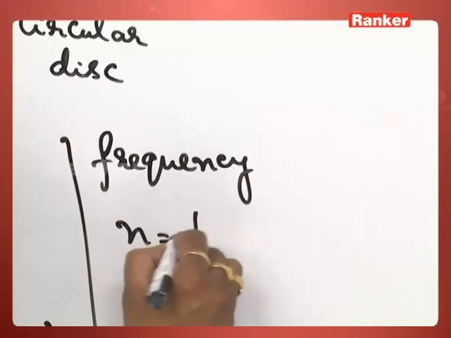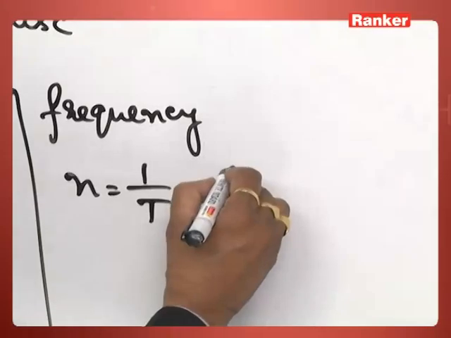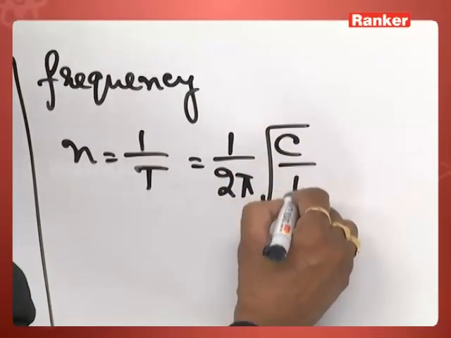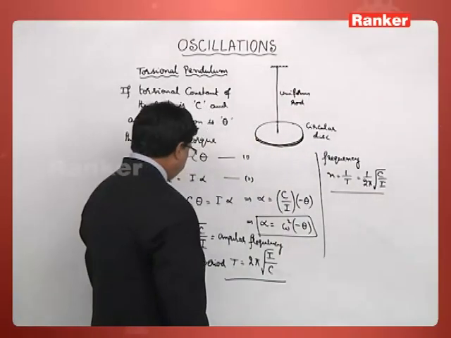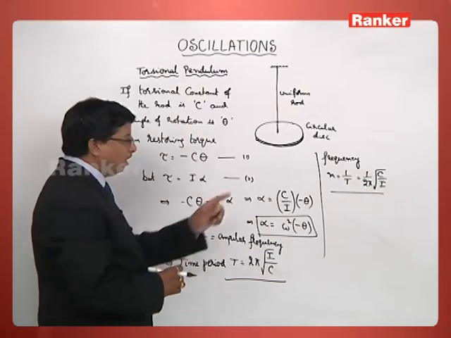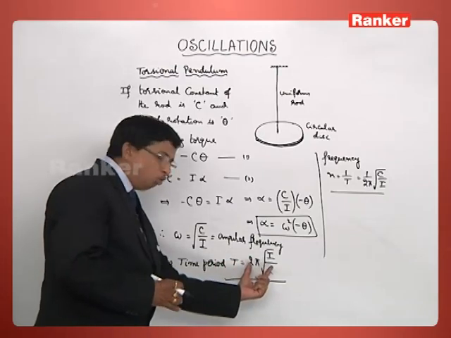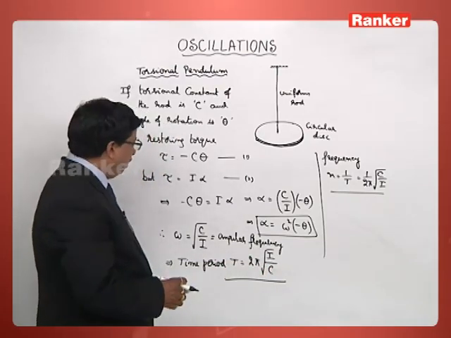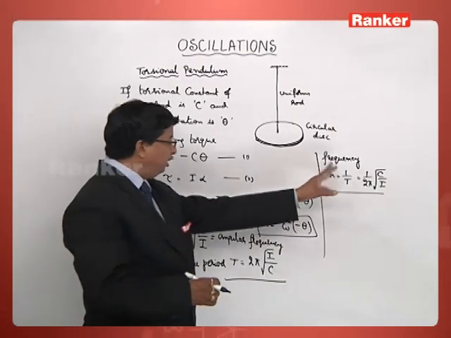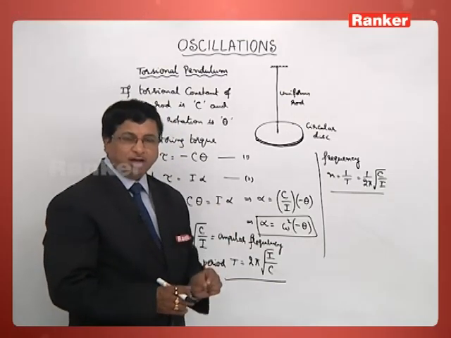N can be written as 1 over time period, the reciprocal of time period, which is 1 by 2 pi under root C by I. So C being the torsional constant and I the moment of inertia, the time period becomes 2 pi root I by C, angular frequency becomes under root C by I, and linear frequency becomes 1 by 2 pi under root C by I.